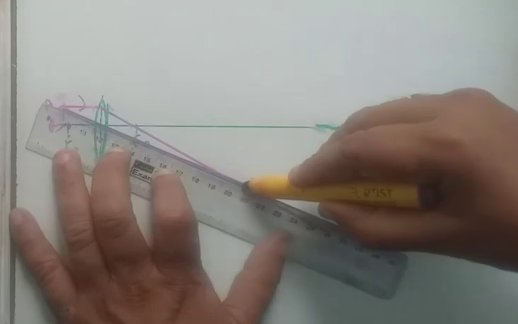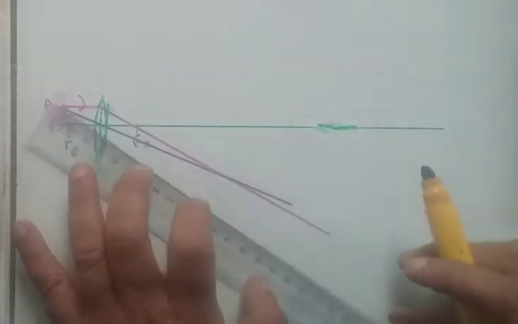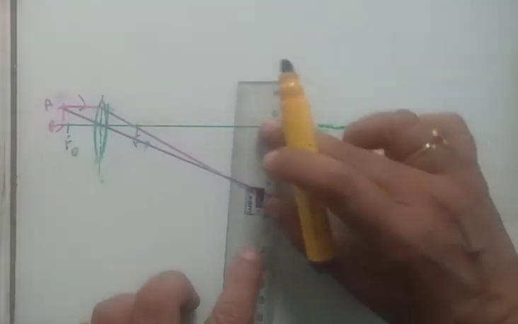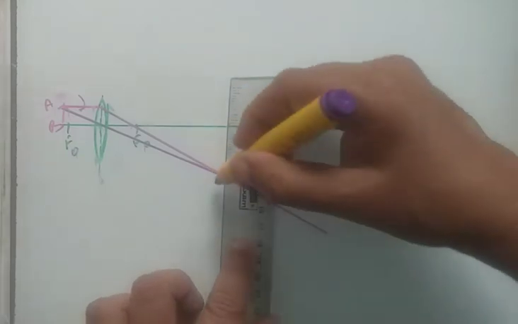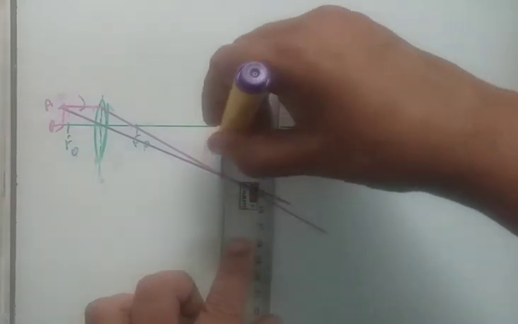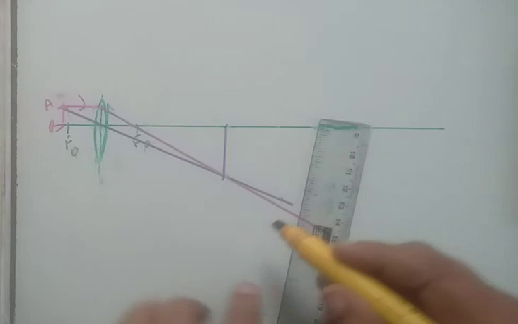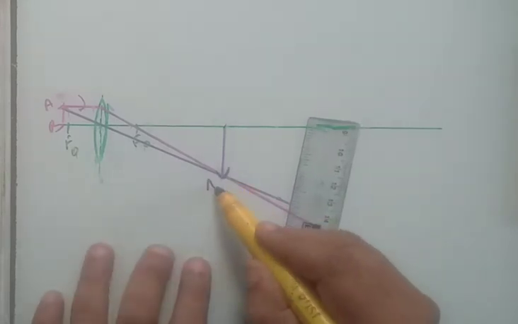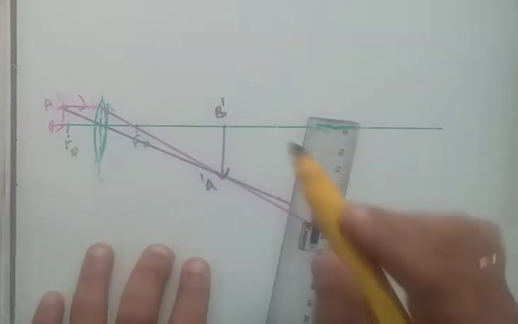Observe how we write the figure is also very important. Then where they meet, it creates the first image, or image of the object due to the objective. This we call A dash, B dash.